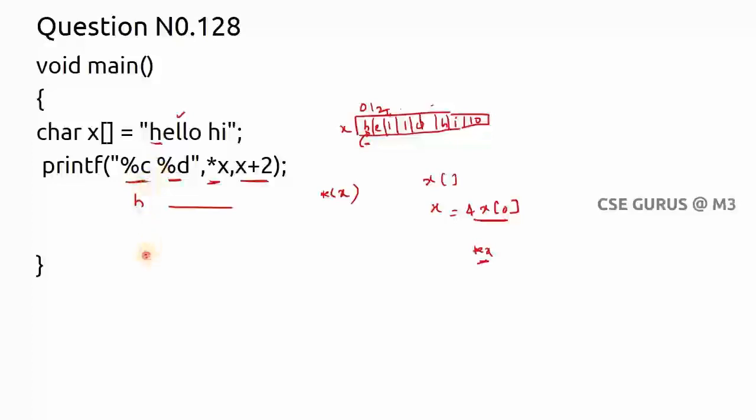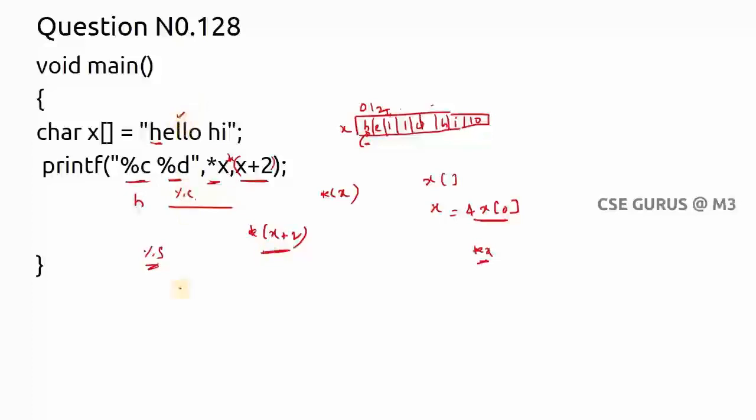Anyway, it is different when I take %s here. If I take %s and say x here, that is a string that will be taken. So that is another situation. But here if I take *x and you have given %c, only one character has to be taken. So that is your first character. Anyway, if I take *(x + 2), and here if I write %c, then what character will be printed?